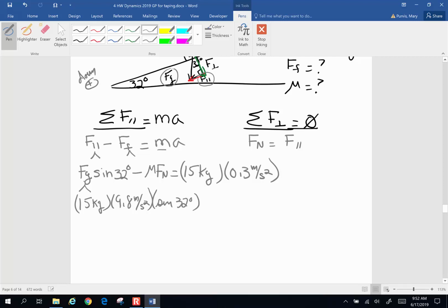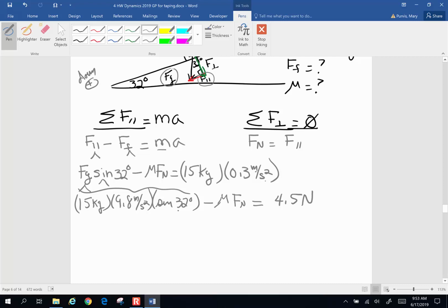So I'm just expanding this to give me all of this, minus mu, I do not know mu, times the normal force, don't know that yet, equals 15 kilograms times 0.3. So let's do that. 0.3 times 15. So this is 4.5. What unit should be on that? Kilograms times meters per second squared, newtons.